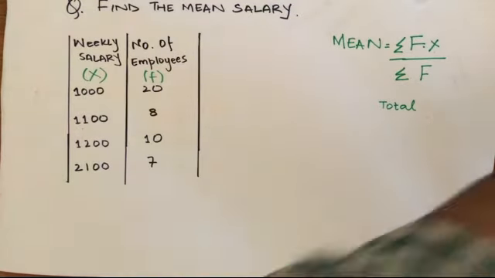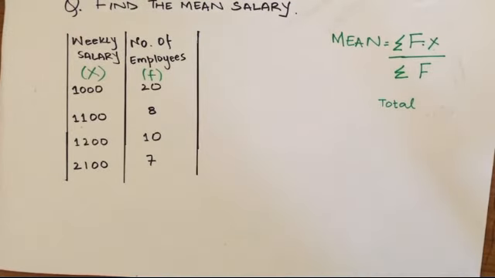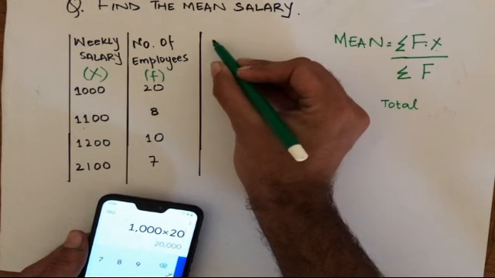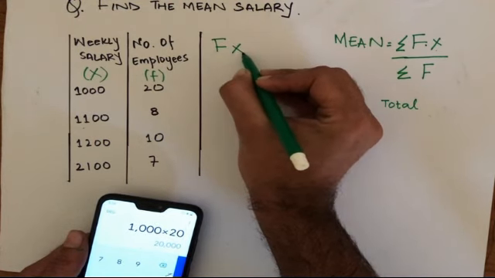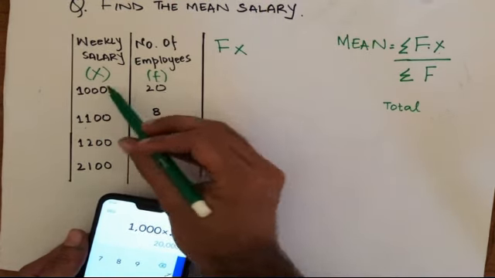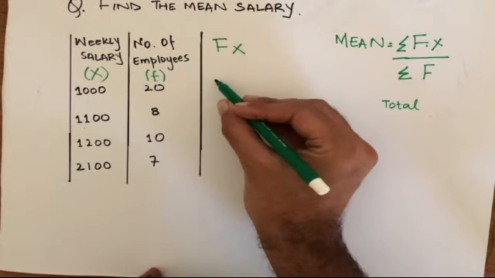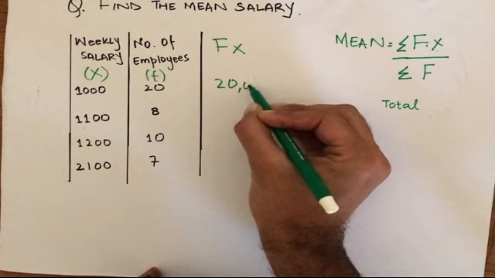This is the time you take out your calculators and calculate. So 1000 into 20 gives you 20,000, and this column you can name fx. So f multiplied by x, 20 multiplied by 1000 is 20,000.